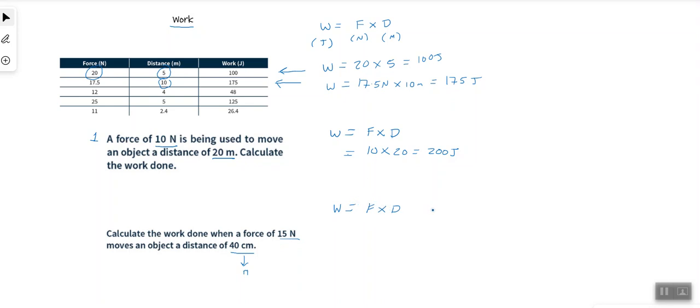We know that the force is equal to 15 newtons, and we know that the distance is equal to 40 centimeters, but we need to convert that to meters.